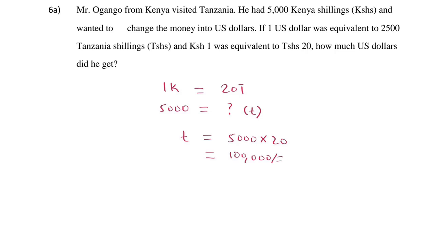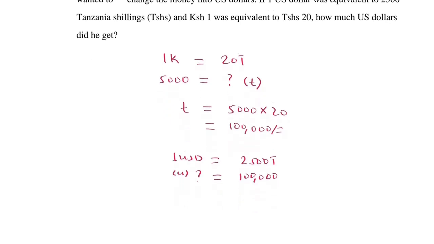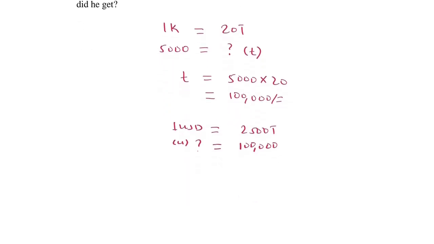Okay, so now converting this into US dollars, we say 1 US dollar is equivalent to 2,500 Tanzania shillings. How many US dollars will equal 100,000 Tanzania shillings? So we are going to call this U. Then next, let us cross multiply this equation.